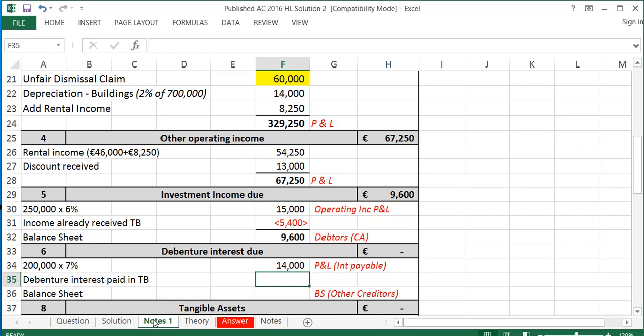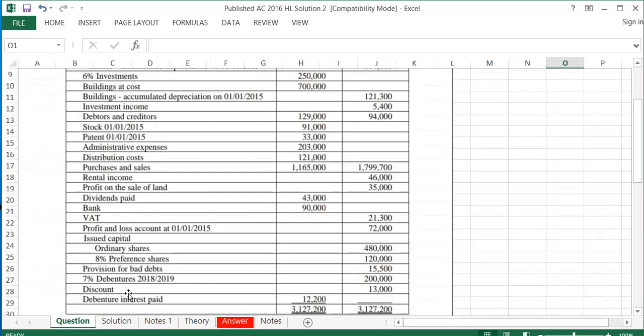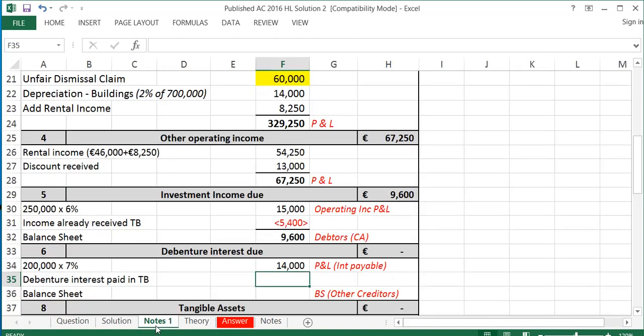So if I go back to the trial balance and look for debenture interest paid, you can see that down here, the last line, 12,200 of that has been paid. So the due bit is just going to be 1,800, which will go in the balance sheet. So the full amount for the year goes in the P&L and the due bit goes in the balance sheet in other creditors.